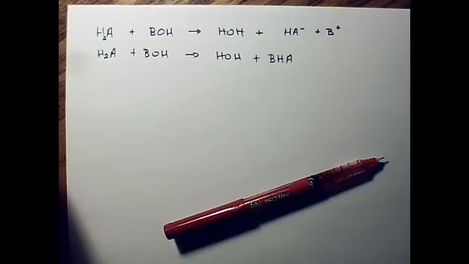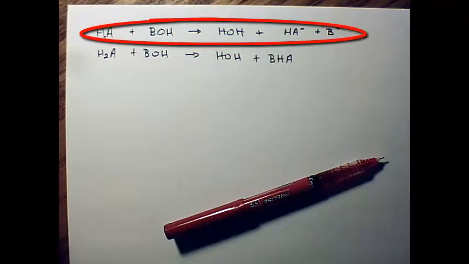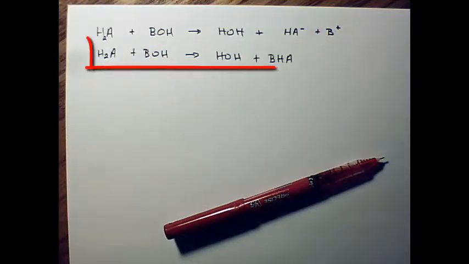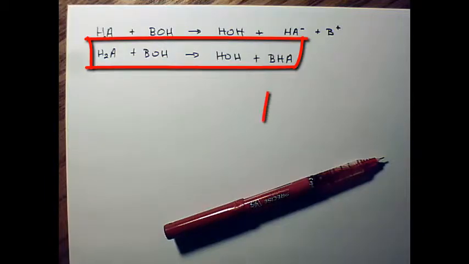Now you can write the equation in 2 different ways. You can write it in the first way I'm showing here, where we write the ions separately, where B plus, representing our metal ion, is written separately from the HA negative, or as we did in the second equation, where we've combined those 2 into a salt.